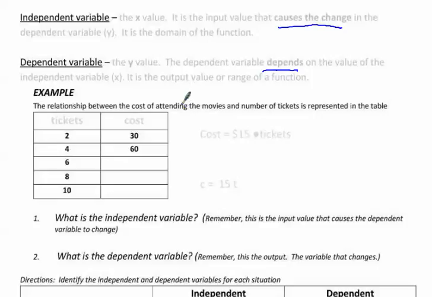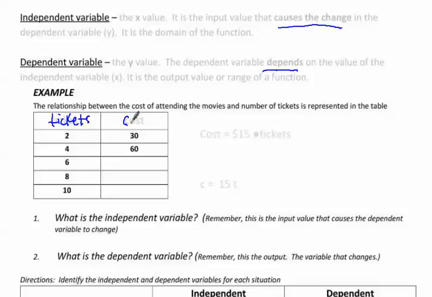Let's look at an example. The relationship between the cost of attending the movies and the number of tickets is represented in the table. How many tickets you purchase is your decision. That is your independent variable.